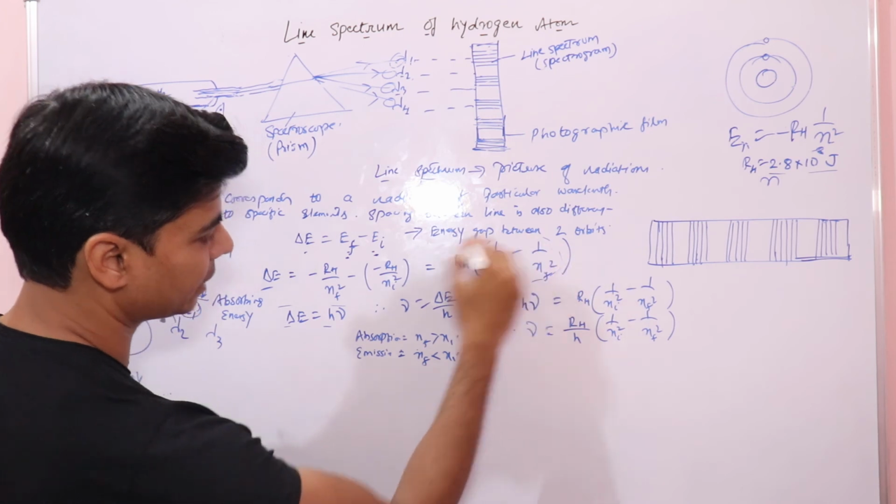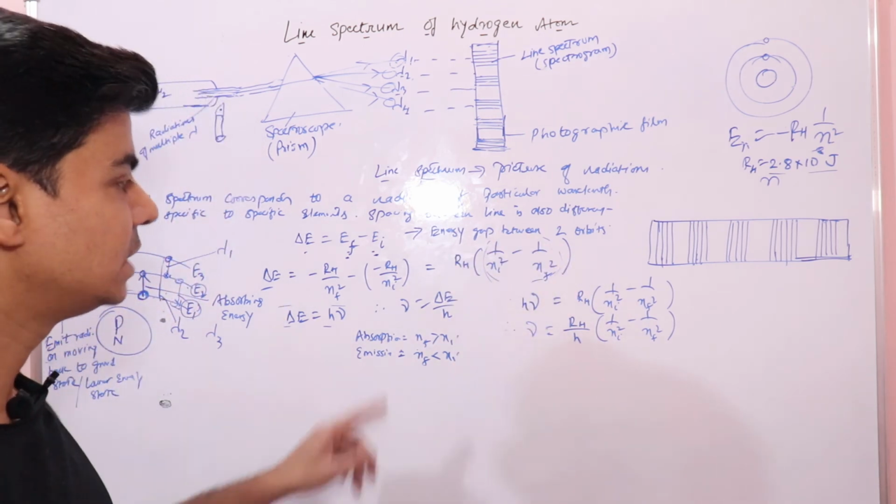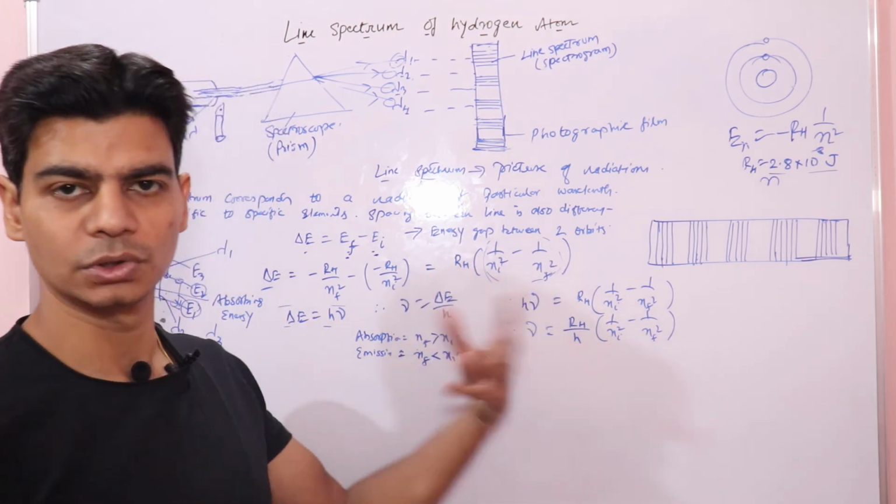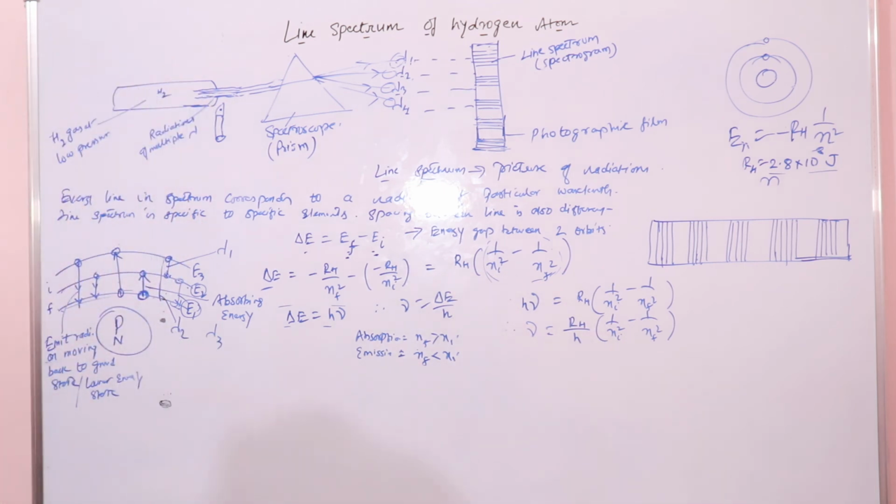This portion is negative, right? So delta E is negative for emission and positive for absorption. The same thing that we have studied earlier, right? Now the other thing that is remaining here is that the expression is similar to the Rydberg constant that we have derived over here, right?